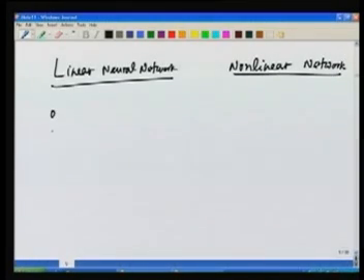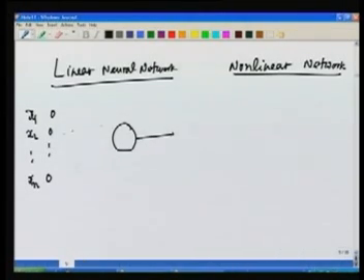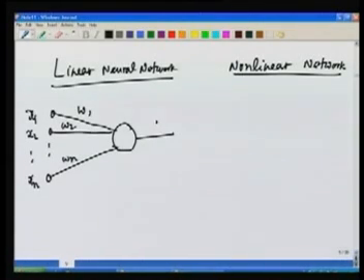So, in a linear network I have inputs x 1, x 2, x n, and then you have the computational unit, a linear computational unit, with weights w 1, w 2, w n and your output y.